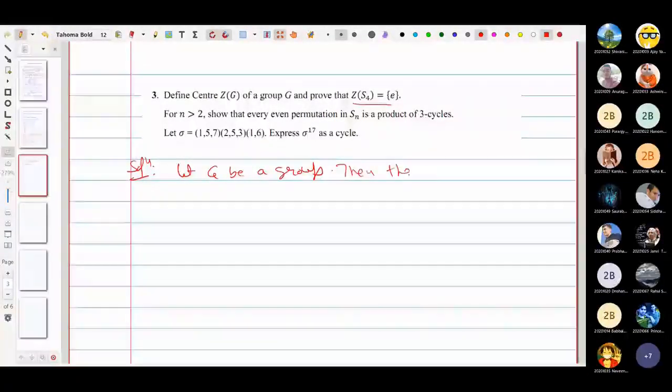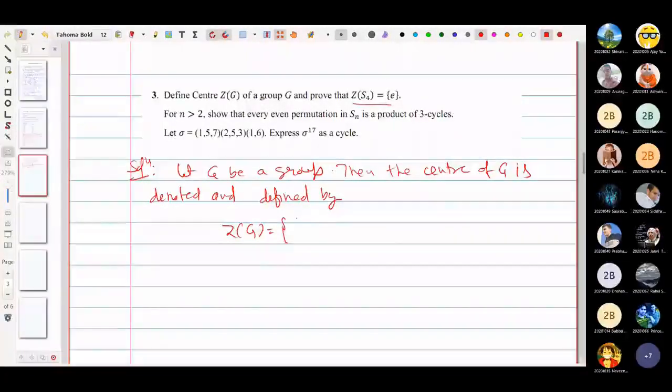Then the center of G is denoted and defined by Z(G) equals all those elements x of G such that ax equals xa for all a belonging to G. So this is the definition of the center.